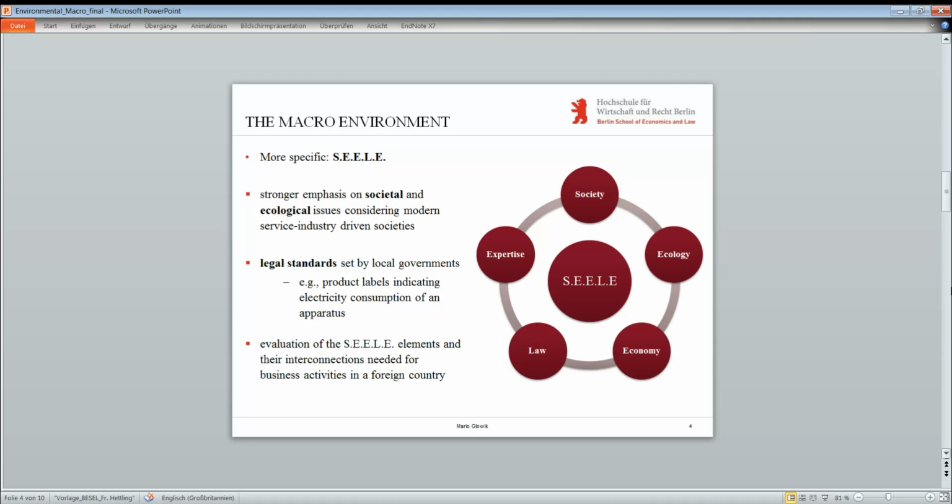Important elements of the macro-environmental scan when applying SEELE are the following. First, society. Overall acceptance of equal human rights. Freedom and diversity of religion. Family life attitudes. Marriage and divorce rates. Attitudes towards handicapped people. Embedding of children and pensioners.